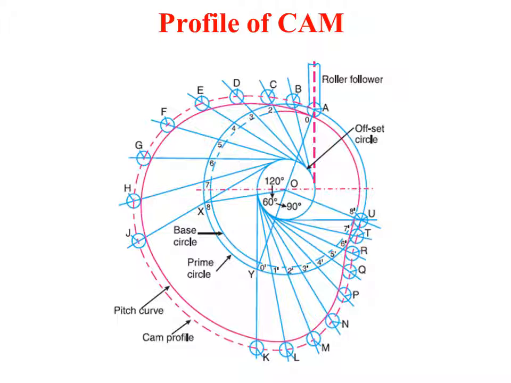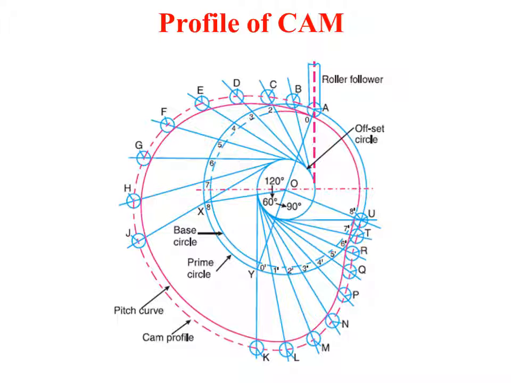Once that has been drawn, we need to draw the offset circle. So the offset is 20 mm, so draw a circle of 20 mm radius from the axis of the camshaft. After drawing the offset circle, from point O, measure 20 mm and draw a vertical line upwards such that it intersects the base side of the prime circle.